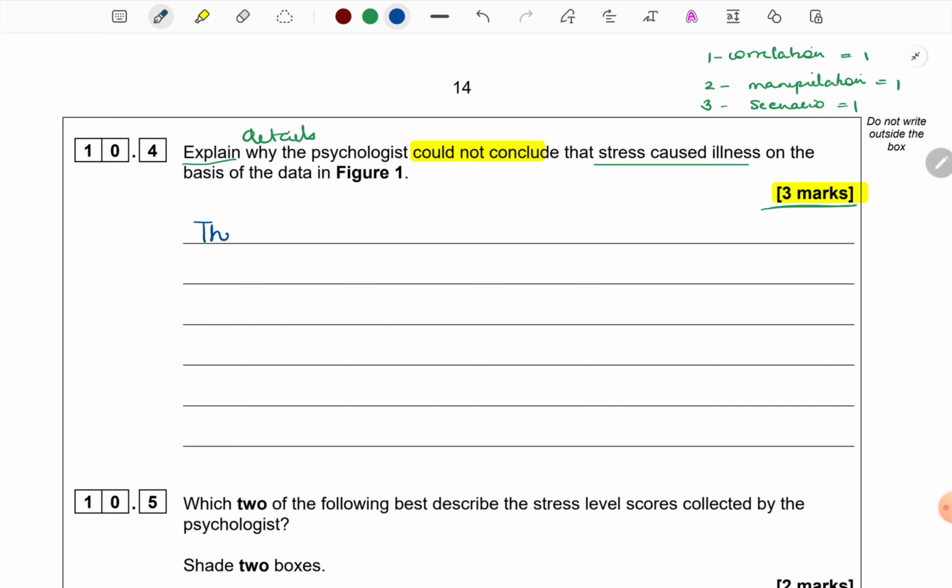Okay, the psychologist could not conclude this because this is a correlational study.